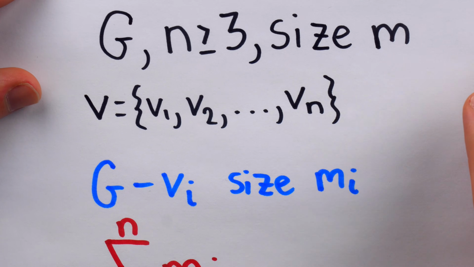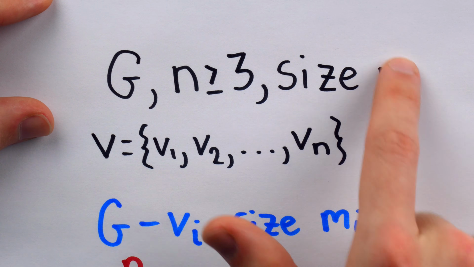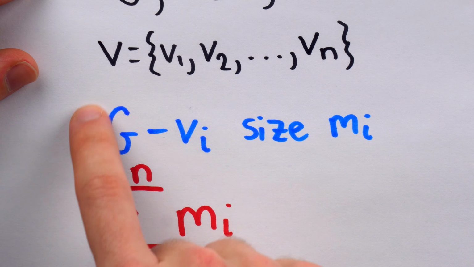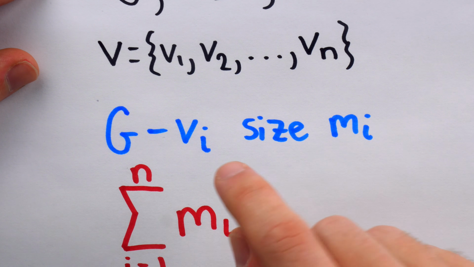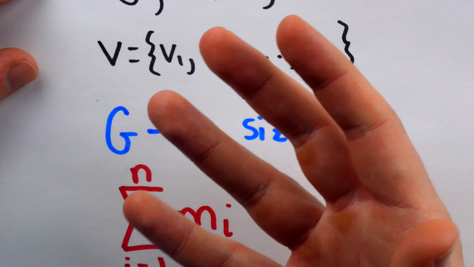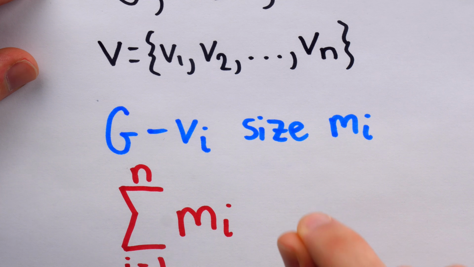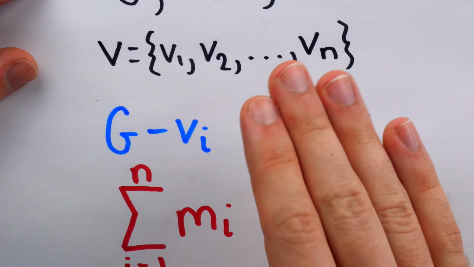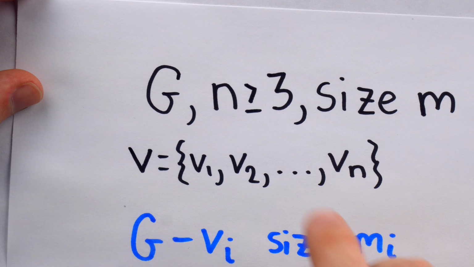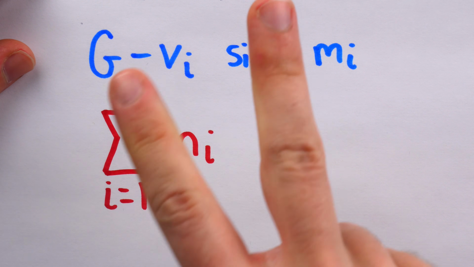Well, certainly every edge, let's say E for just a general edge, every edge E in G is going to be counted in a vertex-deleted subgraph G minus Vi unless Vi is touching E. If Vi, the deleted vertex, is touching E, then E would be deleted along with the vertex. But keep in mind also that each edge is touching exactly 2 vertices. That means that every edge of G is going to be counted in every term of this sum except for 2.